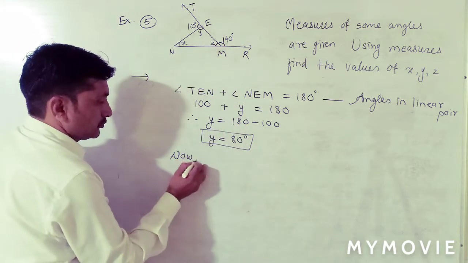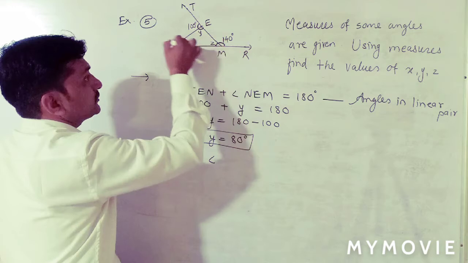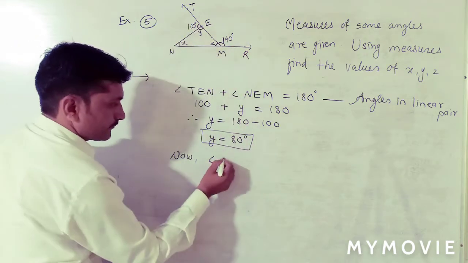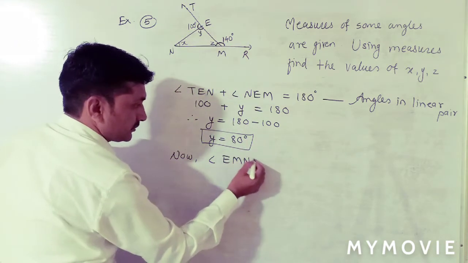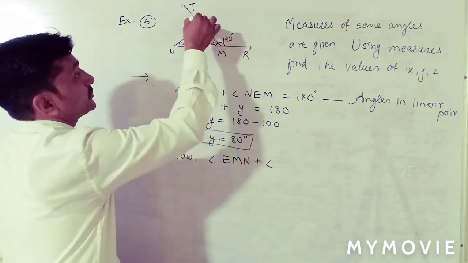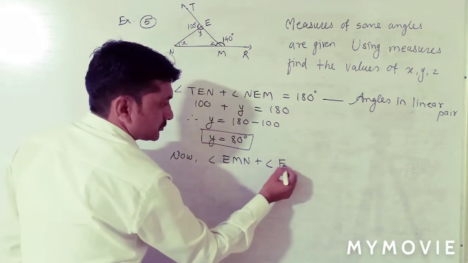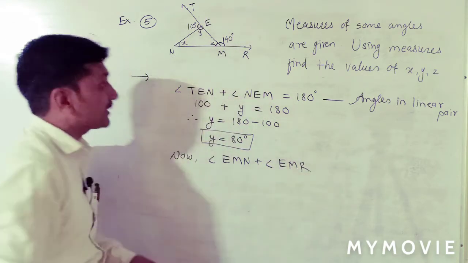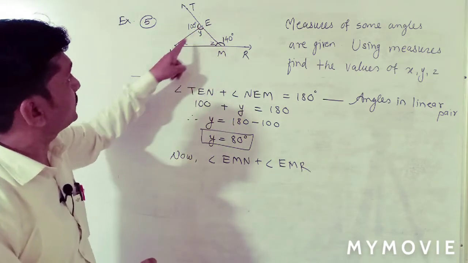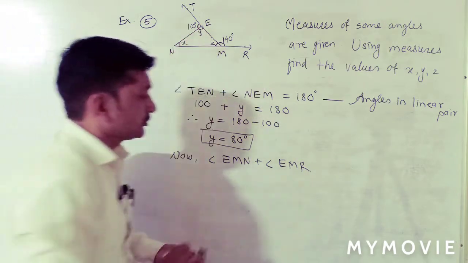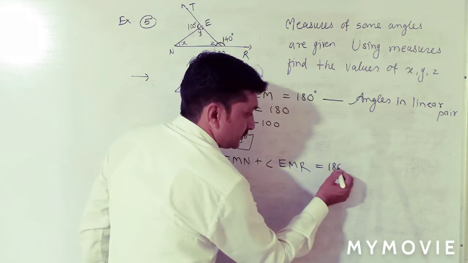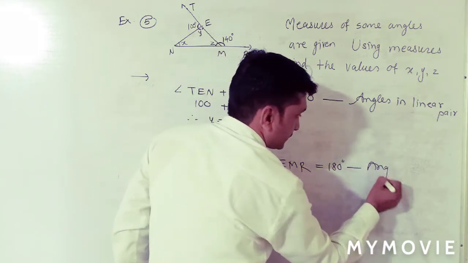Now angle EMN plus angle EMR. See these two angles, EMR is equal to also 180 degrees. Angles in linear pair.